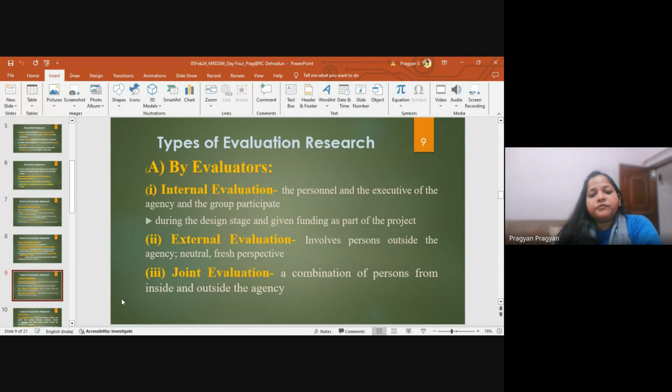So it is a kind of joint collaboration of evaluators where certain executives are coming from the in group while certain executives are coming from the out group.